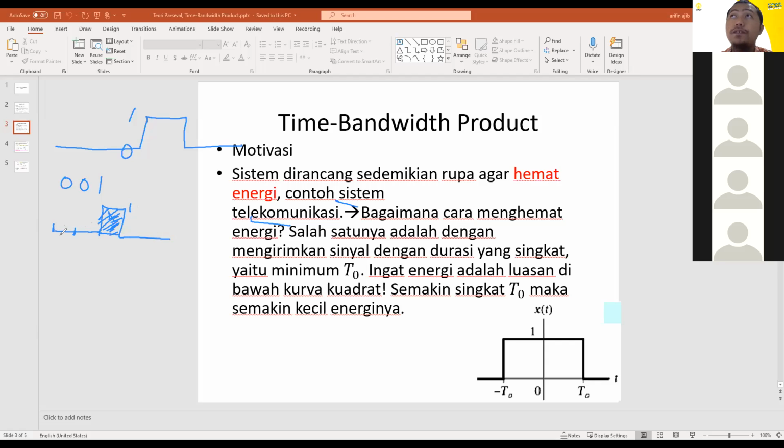Under the 0 graph the energy is 0, and 0, and this 0. We are talking about the energy. The energy is the duration, the sampling time, multiplied by 1. Let's say this is 1 volt. So the energy is something like this.